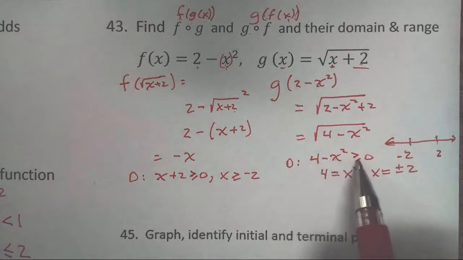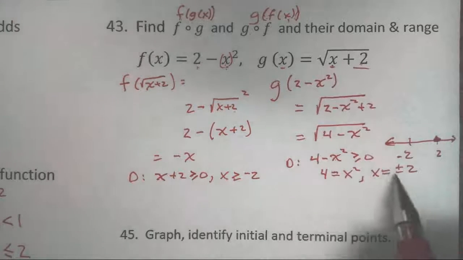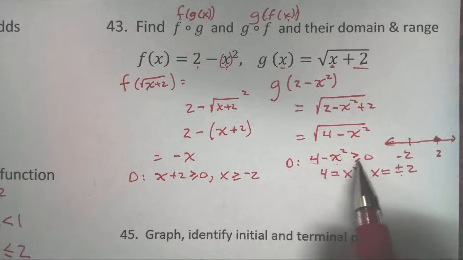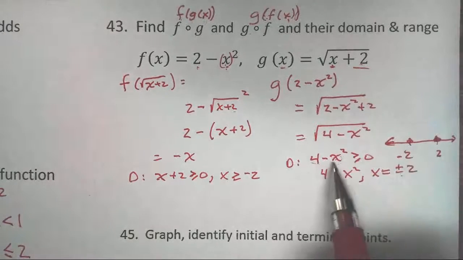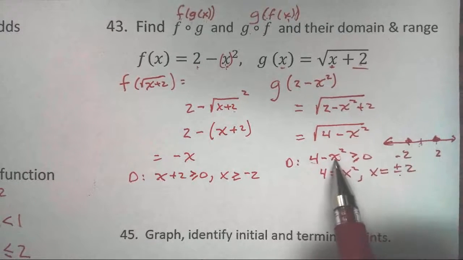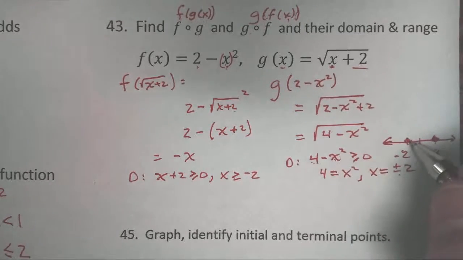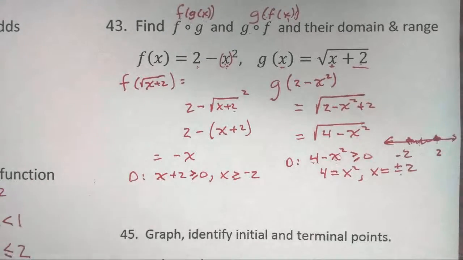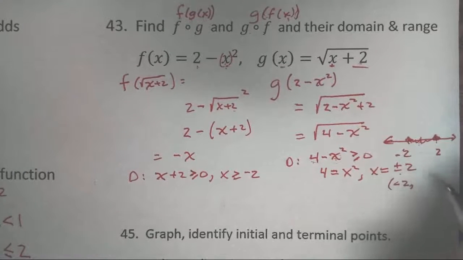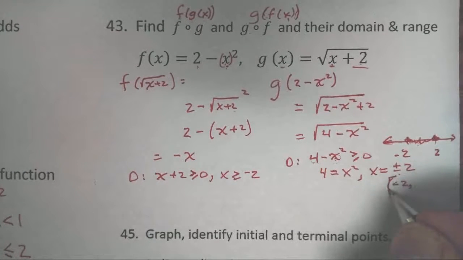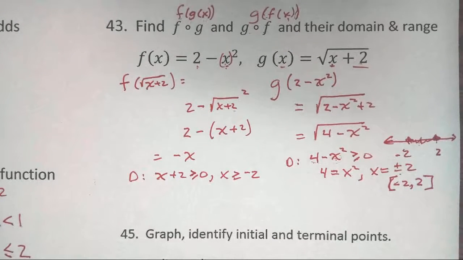Since 2 makes this 0, I can touch 2. Negative 2 makes this equal to 0. I can touch this. Try a value between. If I put 0 in for x, 4 is bigger than 0, so this is my good zone. So my domain is negative 2, including negative 2, until I get to 2.